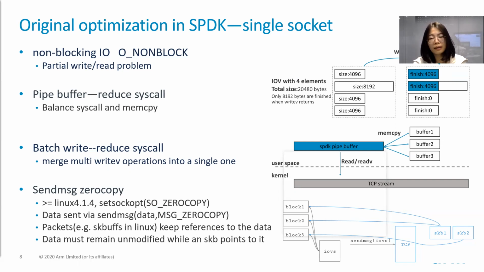And besides send messages, the zero copy feature is leveraged to avoid user data being copied from user space to the kernel TCP buffer when sending data, which minimizes the cost of memory copy.